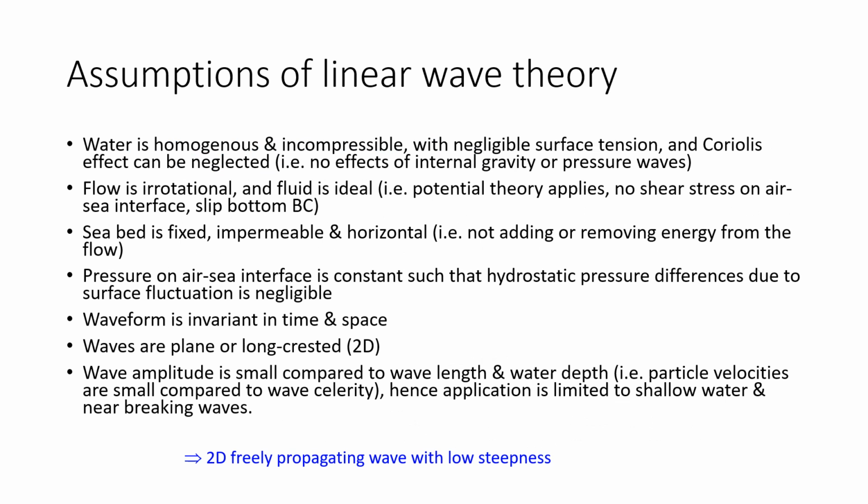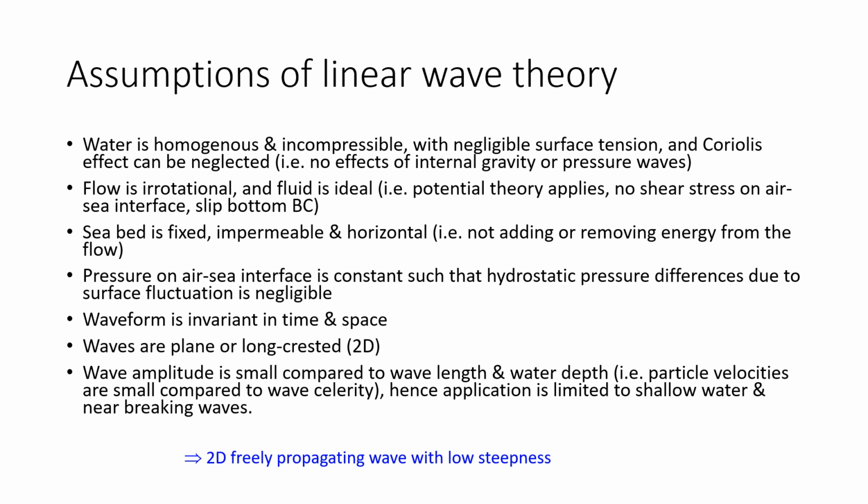Here we have a long list of the assumptions of the linear wave theory. It assumes that the water is homogeneous and incompressible with negligible surface tension, and the Coriolis effect can also be neglected. So that means there's no internal wave and there's no pressure wave effect.